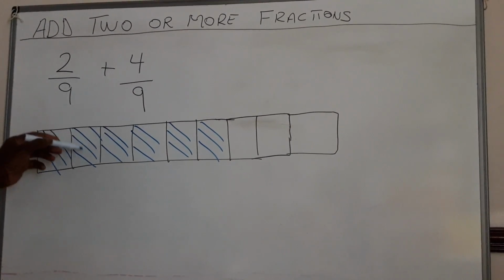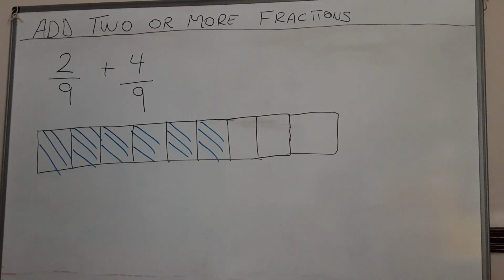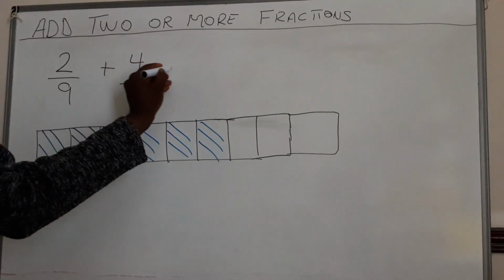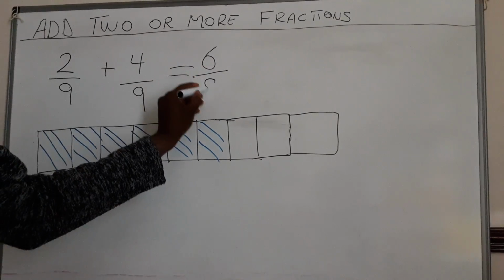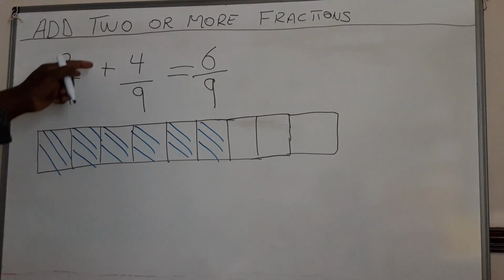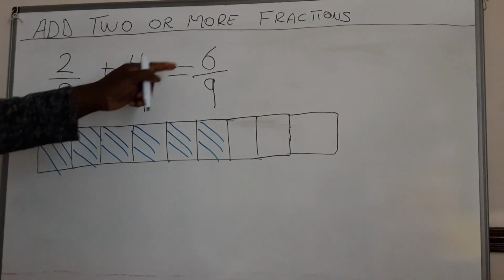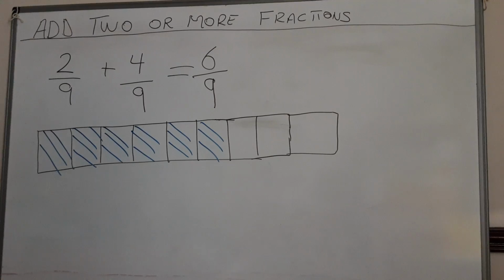It's 1, 2, 3, 4, 5, 6. So 6 of the bars are shaded. So we know that the answer will be 6/9. So we can use the bar model to help us do this. So 2/9 add 4/9 is 6/9, and the bar model has helped us to do this.